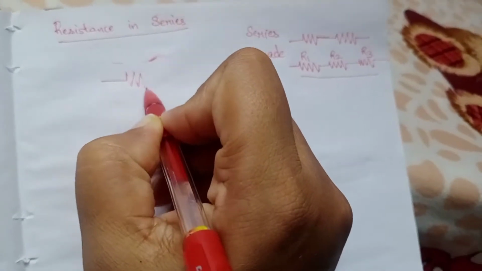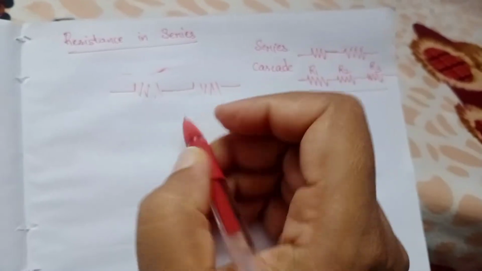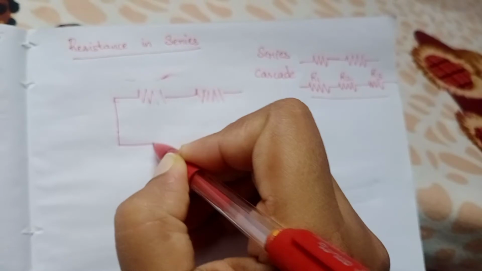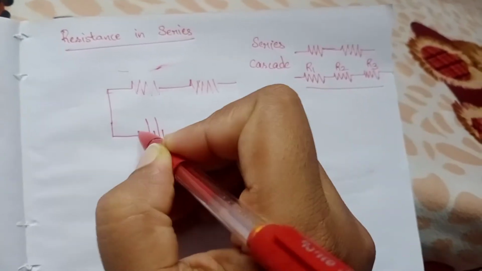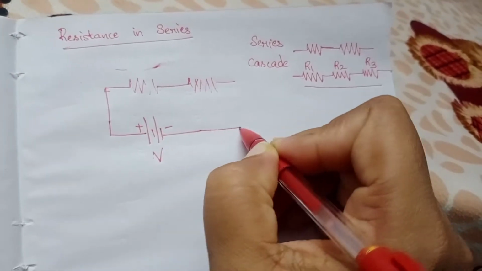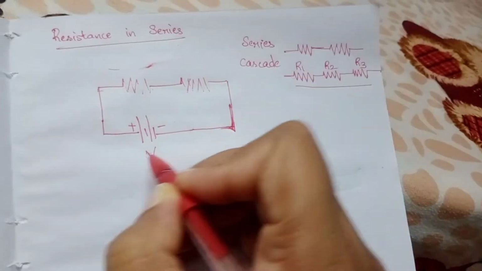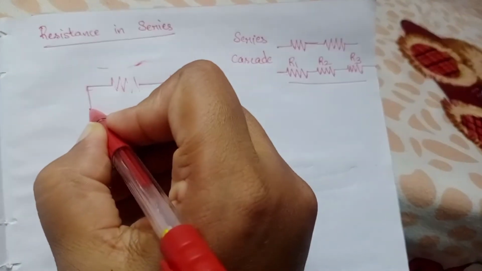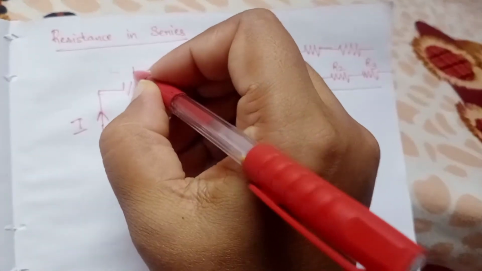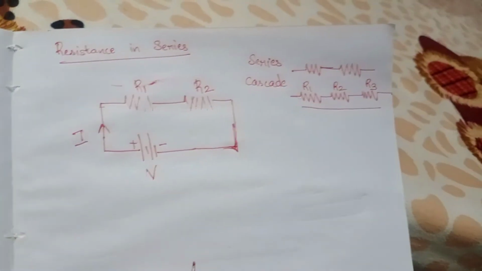I am going to connect two resistances in a circuit, and I am connecting it to a voltage source, any voltage V. Let the current flowing through the circuit be capital I, and let this be resistance R1 and this be resistance R2.